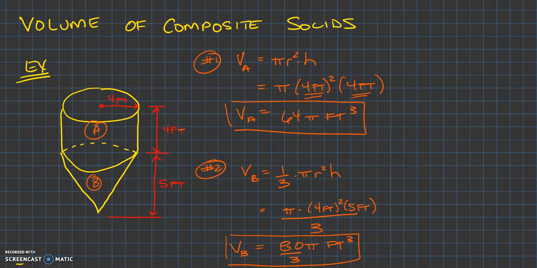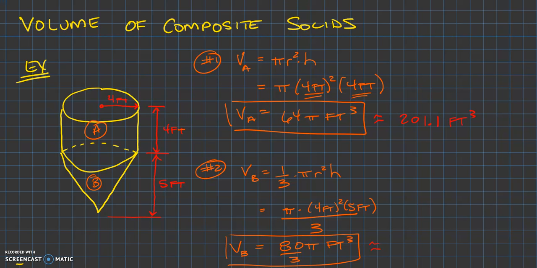If we want to keep it in more of an exact answer, then we would need to create common denominators, add the two, and you could report it that way. For our purposes here, it might make more sense to get the pi out of the answer. So we're going to multiply 64 times pi, and that's going to give us approximately 201.1 cubic feet.